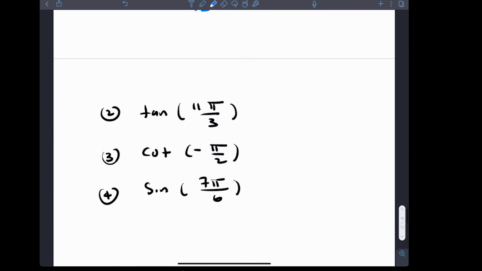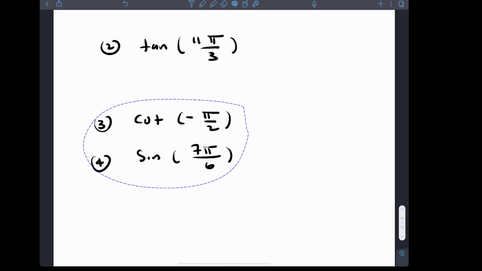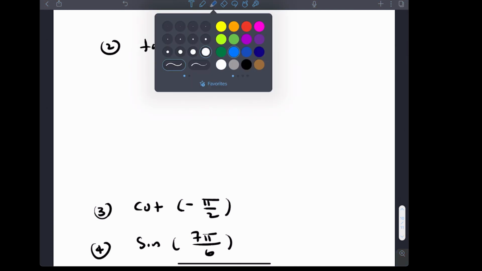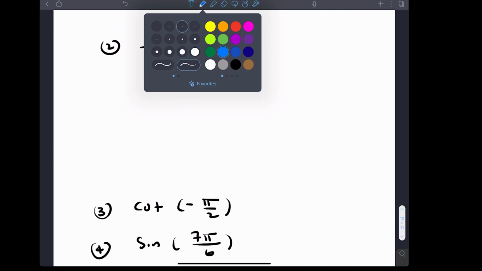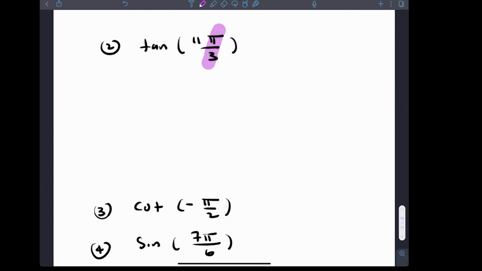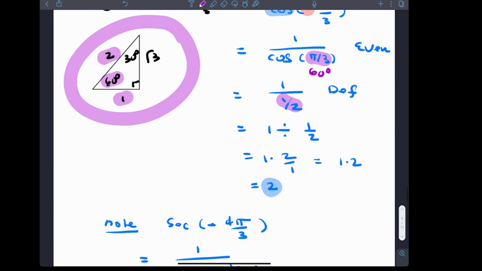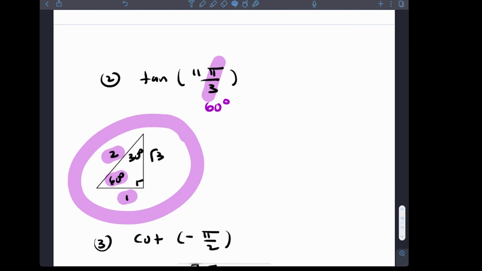All right, what about tangent now? What do you guys notice about this? There's no negative sign, so you don't use even and odd, do you? You just focus on what? What's this pi over 3? Isn't that 60 degrees? Question 1 on the test. Draw the special triangle.